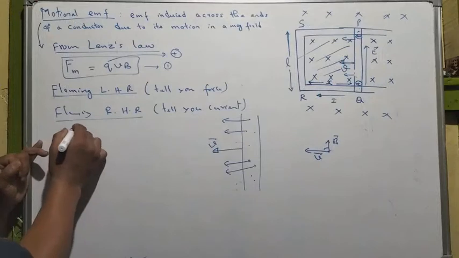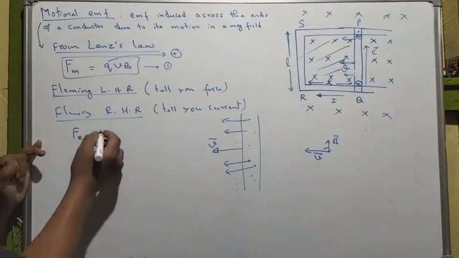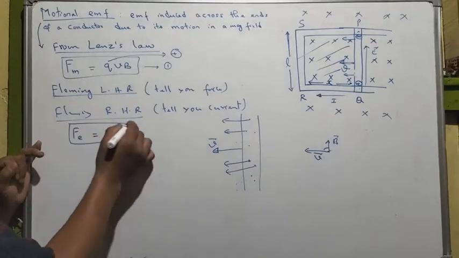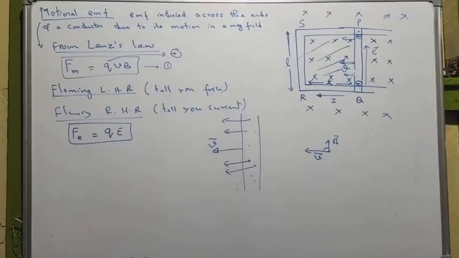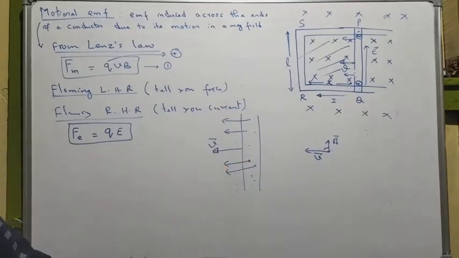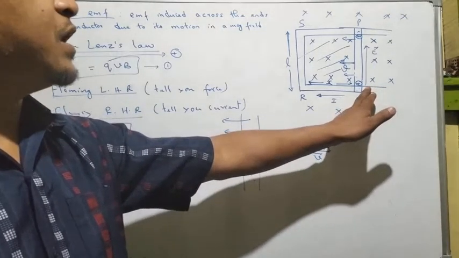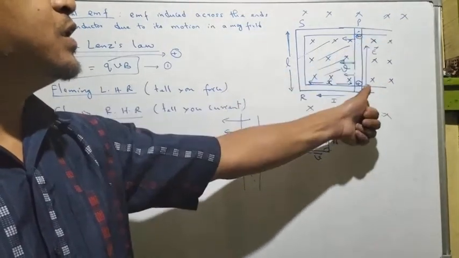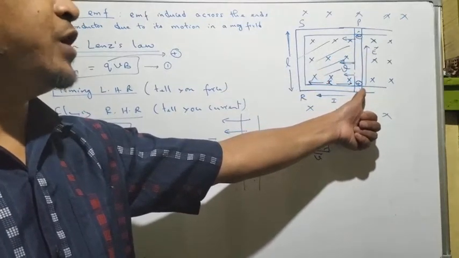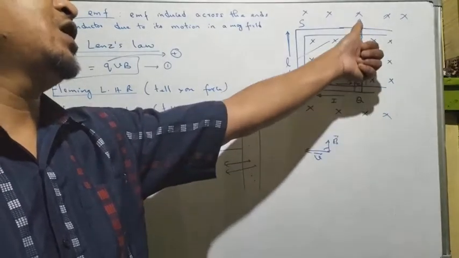And the electric force experienced by a charge Q is equal to Q times E. This is the electric force. And what is the direction of the electric force? The direction of the electric force is along the direction of the motion of the positive charge. If this is the electric field which is directed from Q to P, then the positive charge would experience an electric force in the upward direction.